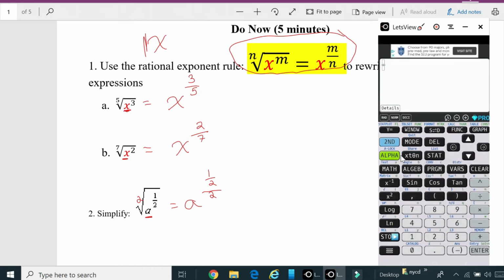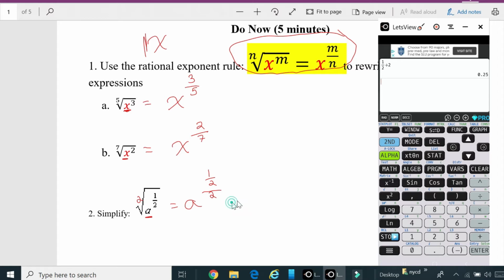I'm going to hit 1 over 2, then I'm going to multiply. Make sure you're out of the fraction mode. Make sure you hit that arrow going forward so your blinker is next to the fraction. Now you're going to divide that by 2, which if you enter it, gives you 0.25.